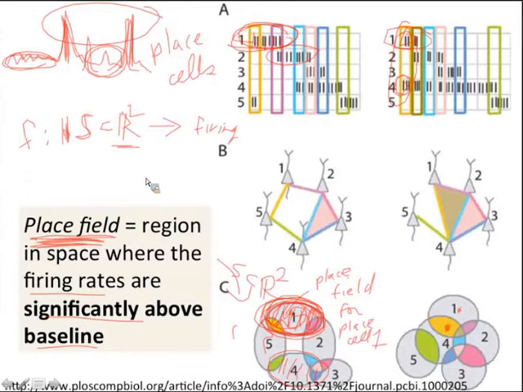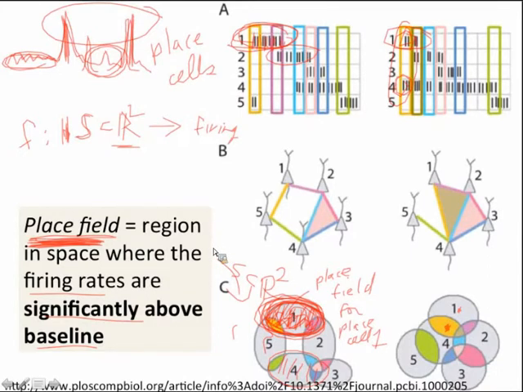That's another definition for place field, but that's not the one we're going to use. The one that is mostly used in these papers is the place field as this set, where when the mouse is in this region, your spiking activity is above your baseline level. Any questions about that?